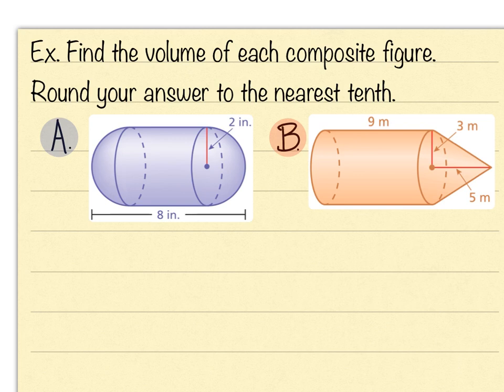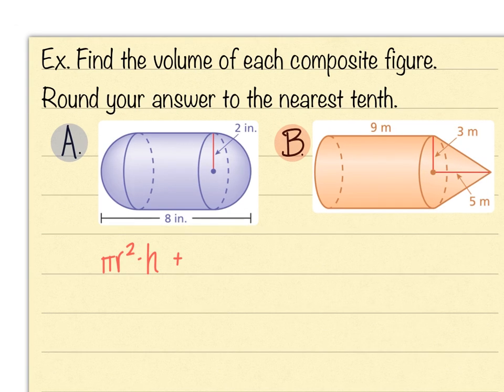For example A, we have a cylinder, so area of the base times the height. Plus we have 2 hemispheres, which together the combined space is just going to make a full sphere. So now I can plug in for my radius, which I know is 2, so pi times 2 squared.